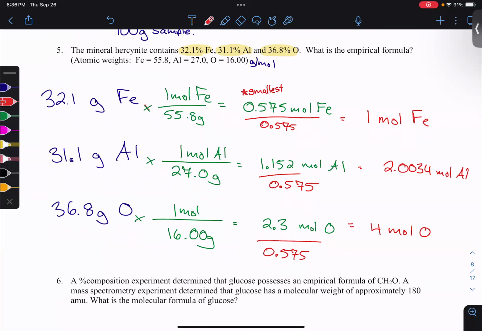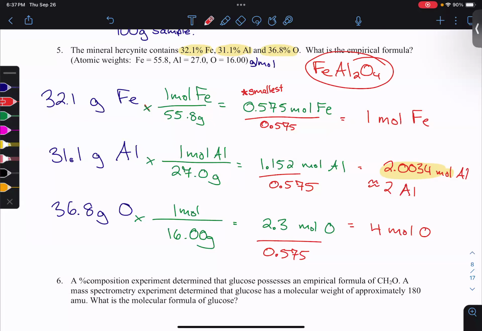Yes, I should round this to 2 moles of aluminum, because it's 2.0000004. Yes, this is basically 2. And so this will give us our empirical formula. This compound has an empirical formula of 1 iron, 2 aluminums, and 4 oxygens, right?